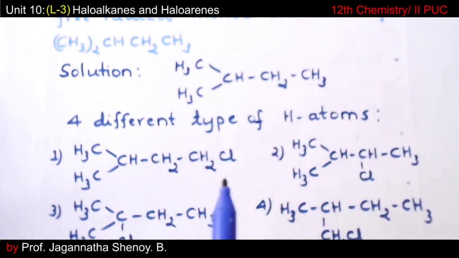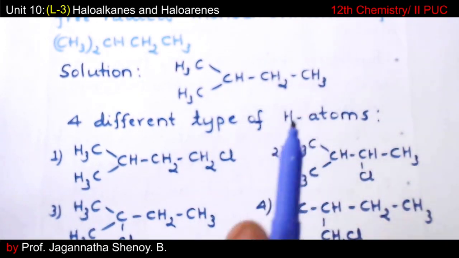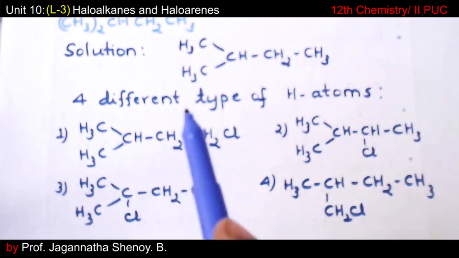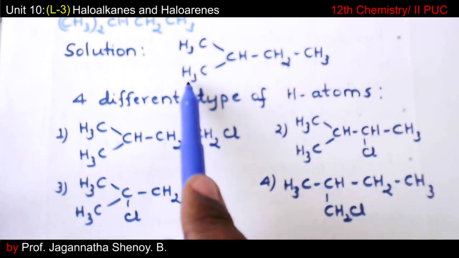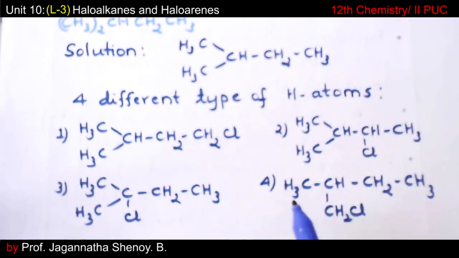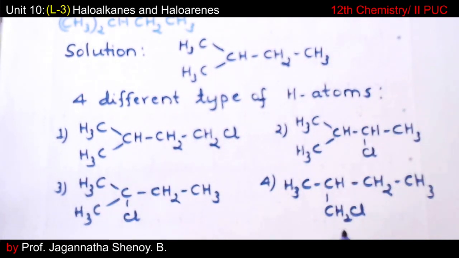Then I can even replace this hydrogen by chlorine. Correspondingly, we get this molecule. And finally, I can replace one hydrogen from this CH3 group by chlorine. So what I get? I will get CH2Cl group. And this CH2Cl is definitely different from this. So how many products are obtained altogether? We will get 4 products.